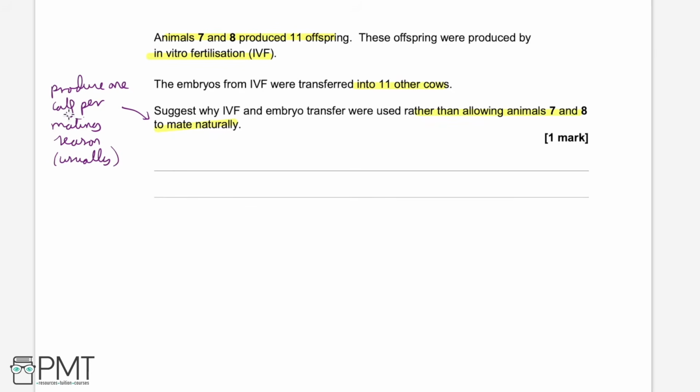This is because the female, from which the egg comes, would have to then nurture and gestate the fetus and embryo within her own womb, which can only have one at a time. However, using IVF and injecting embryos into different cows allows several offspring to be produced simultaneously. This is our answer, since it allows more offspring to be produced at the same time.